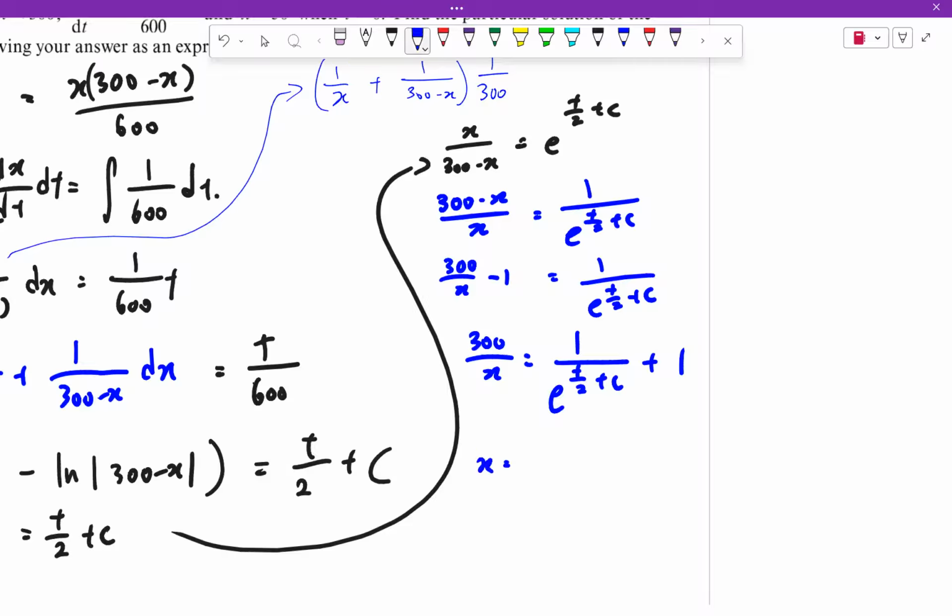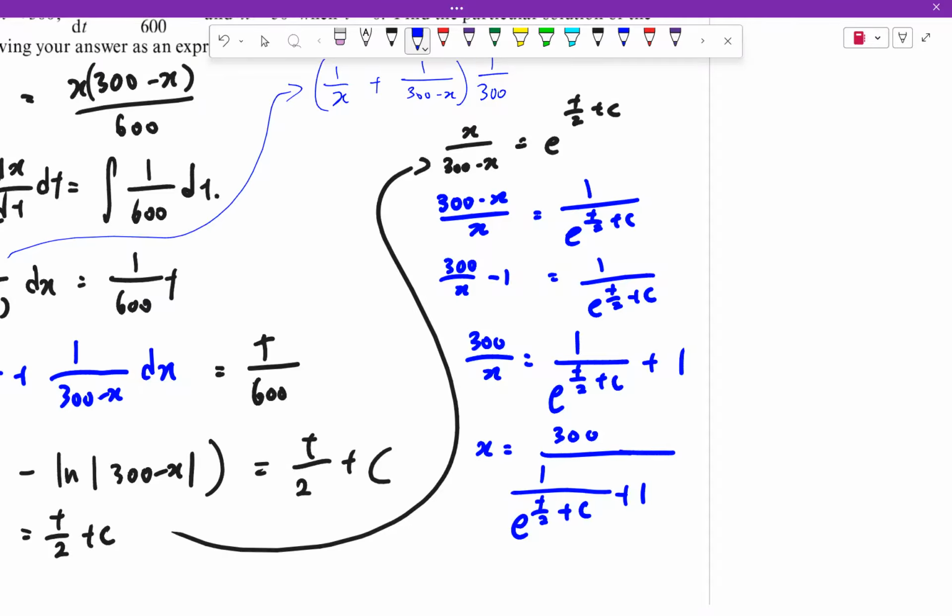So x is equal to 300 over 1 over e to the power of t over 2 plus c, plus 1, like that. I can write it like this. Yeah, this is a messy equation. Okay, it's really messy.